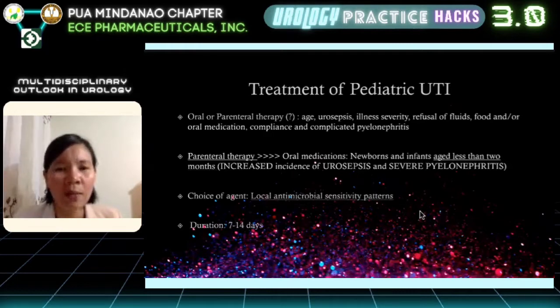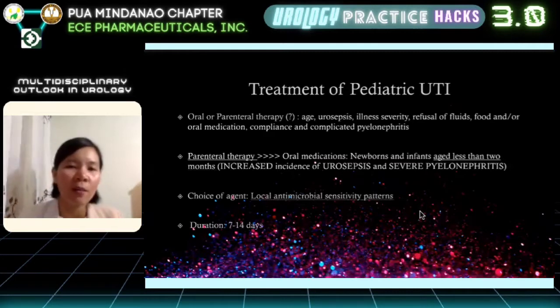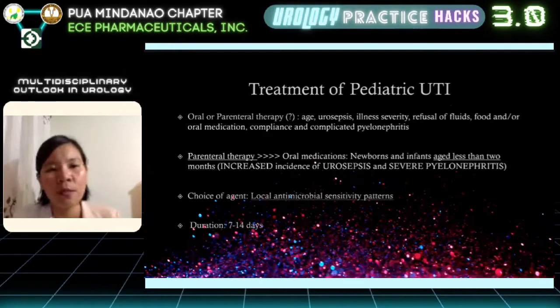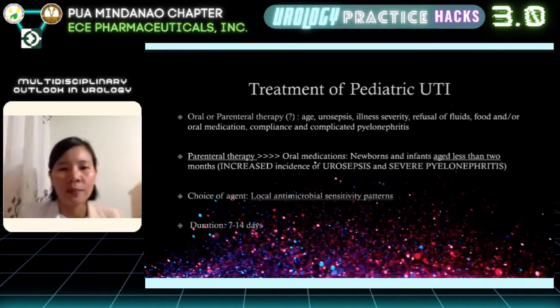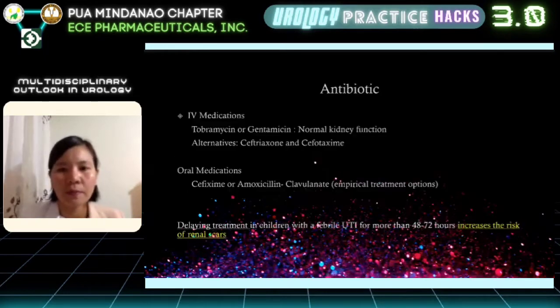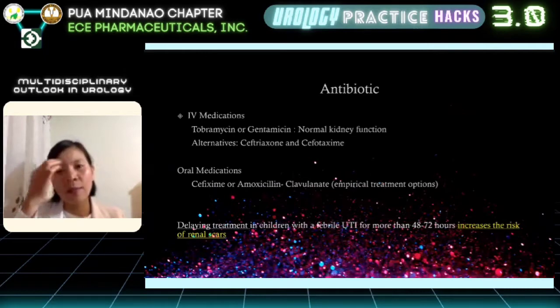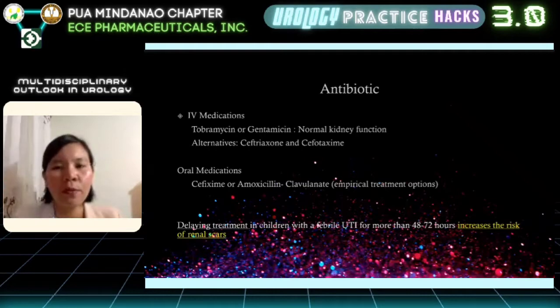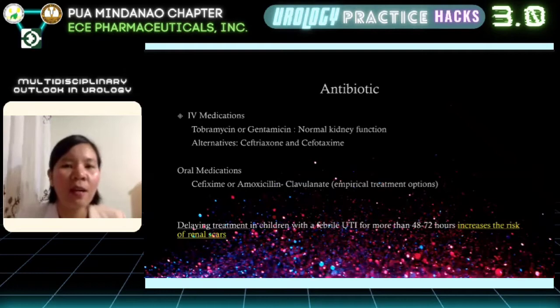It is very important that we know the local resistance pattern, because it can vary between countries and even between hospitals. The duration of treatment is 7 to 14 days. Not all available antibiotics are approved by the national health authorities, especially in infancy.